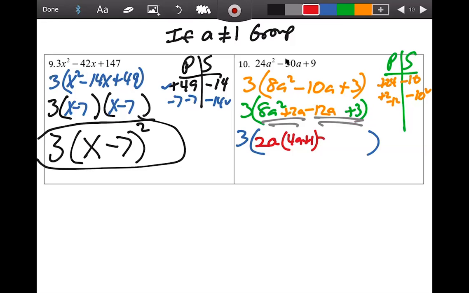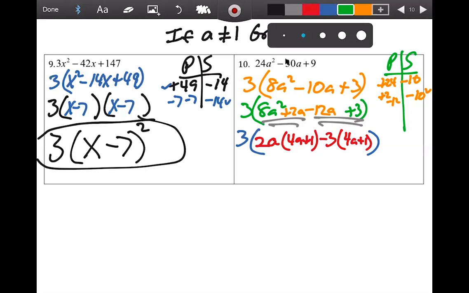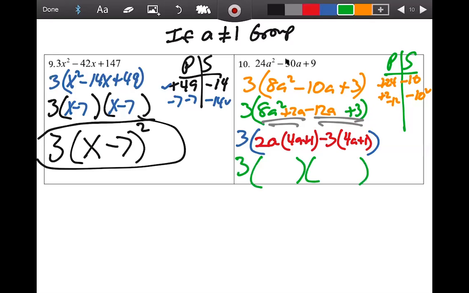So minus 3 times 4a plus 1. Okay, so I've got my 2 sets of parentheses with 4a plus 1. Now we finish it. 3 times what? What goes in here? 4a plus 1. I like it. Times 2a minus 3.